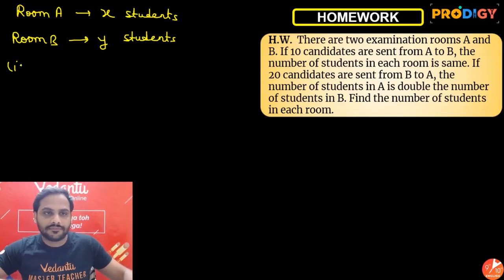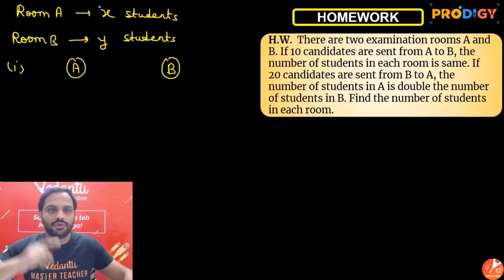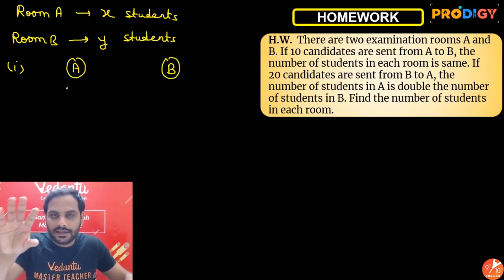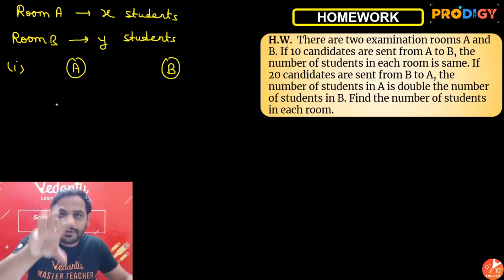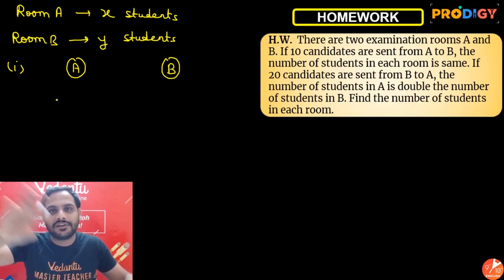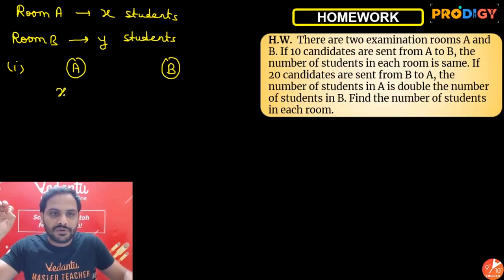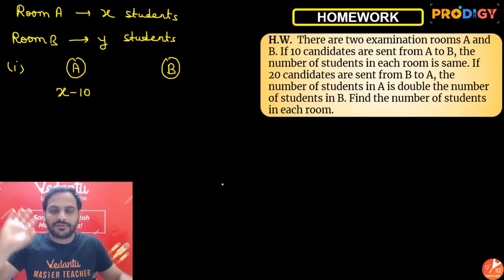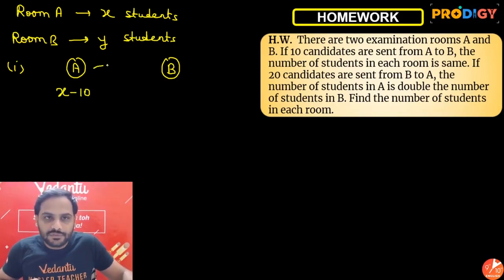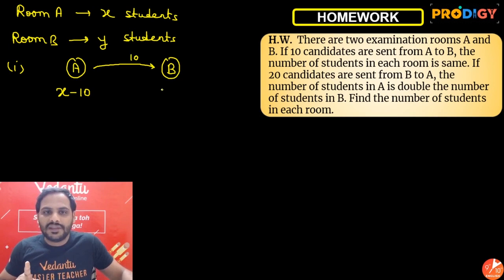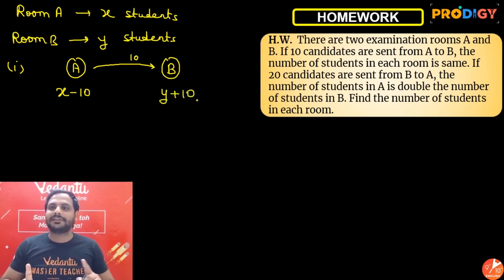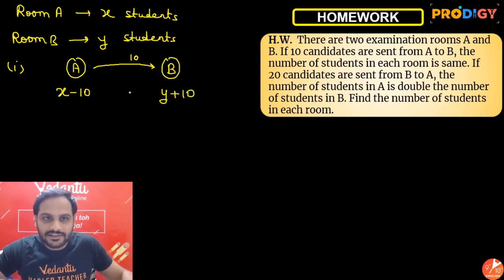So case 1: in room A there are X students, and now from A you are taking 10 students out, so the number in A is X minus 10. Those 10 students you have sent to B. B earlier had Y students, now it has 10 more, so Y plus 10. And they are saying now it is equal.